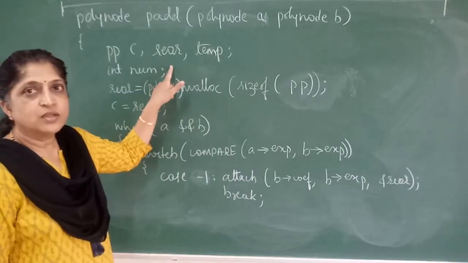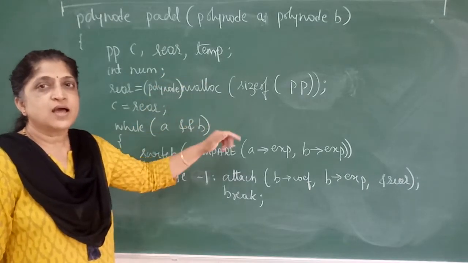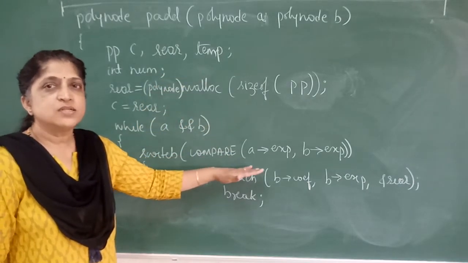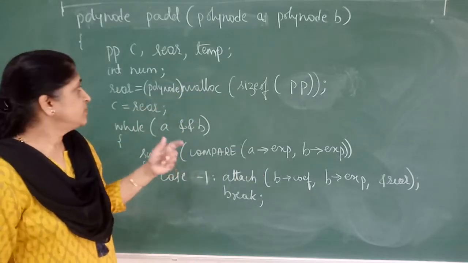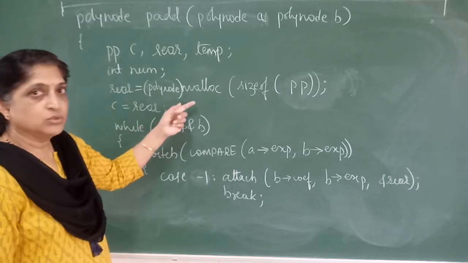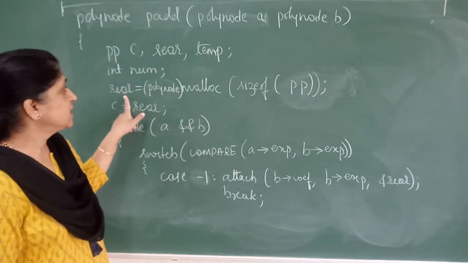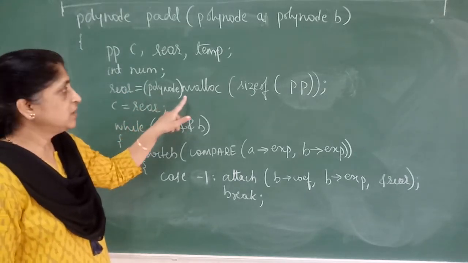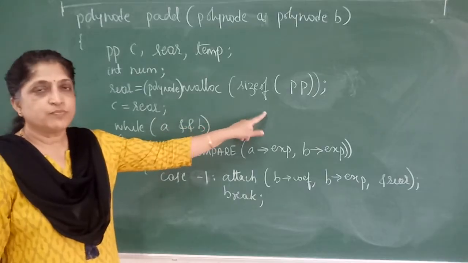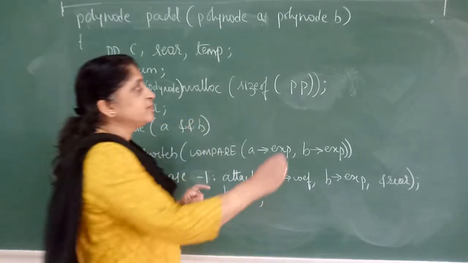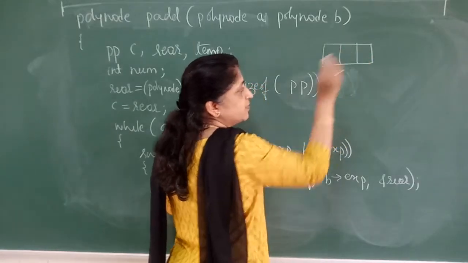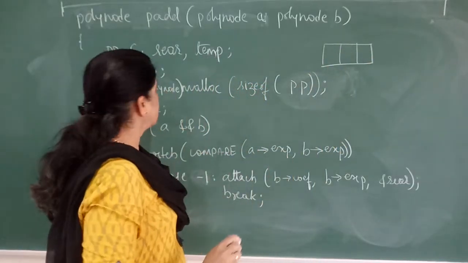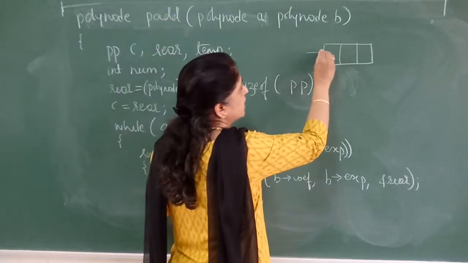This rear pointer will be pointing to the current last node in the polynomial C. Then here, to avoid searching again, we are creating a new node: rear is equal to (polynomial pointer) malloc of size of the node. This will allocate the memory for one node, and rear starts pointing to it.